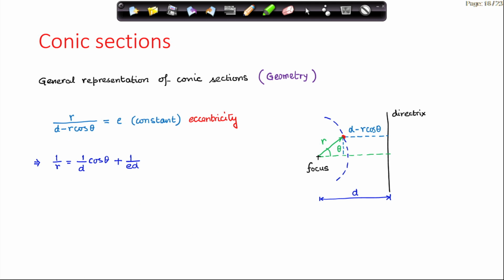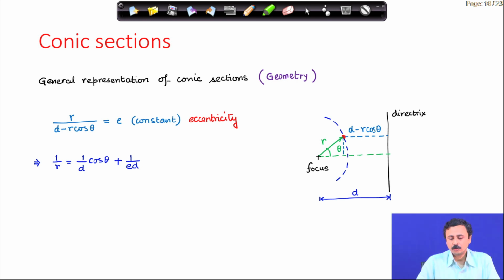Then we looked at the equation of conic sections, the locus of a point which maintains a constant ratio of its distance from a fixed point known as the focus and its distance from a fixed line which is called the directrix, and d, as you know, is the perpendicular distance between the focus and the directrix.